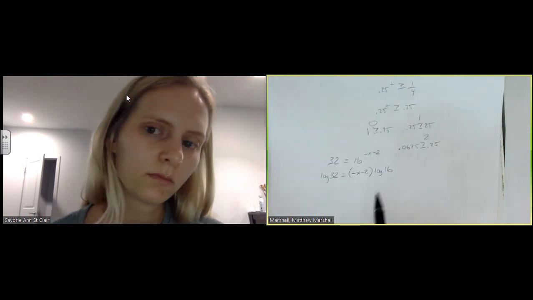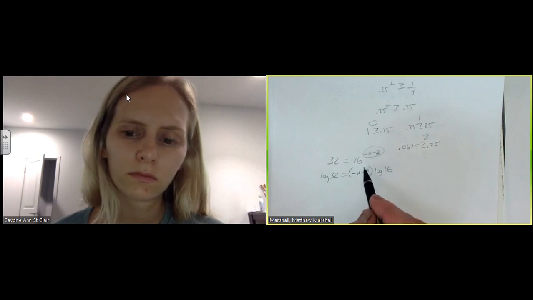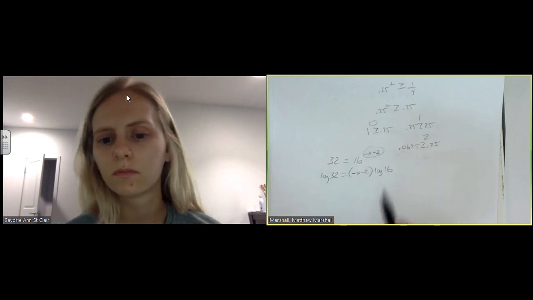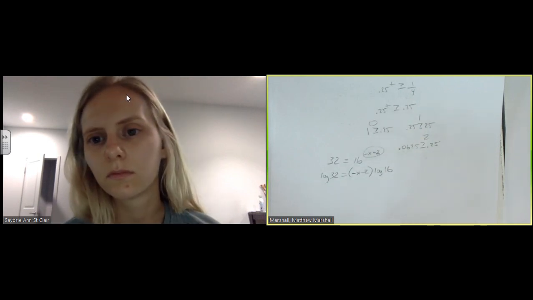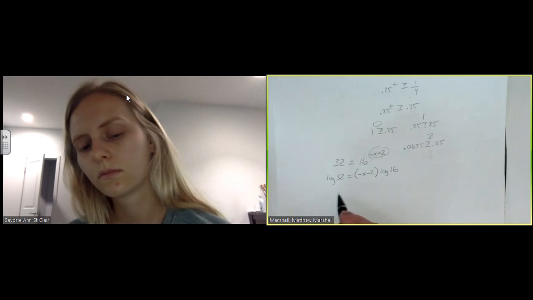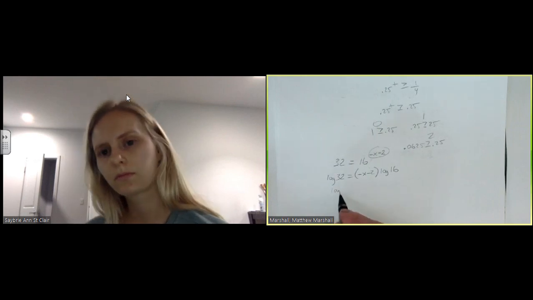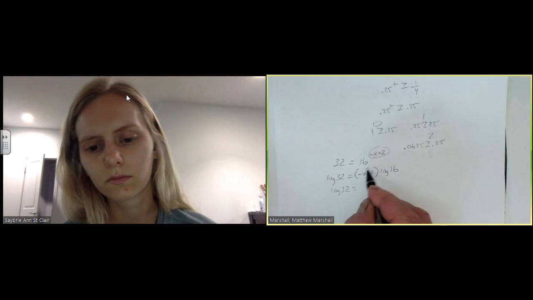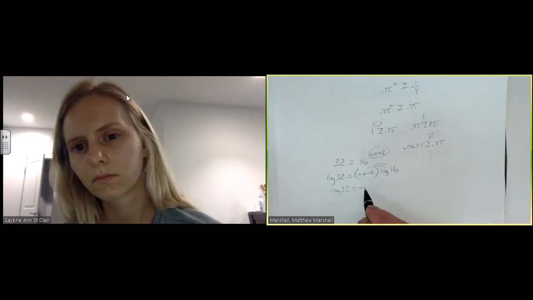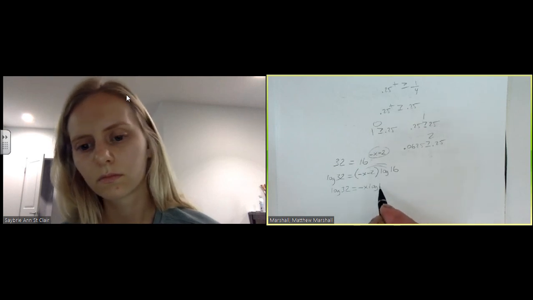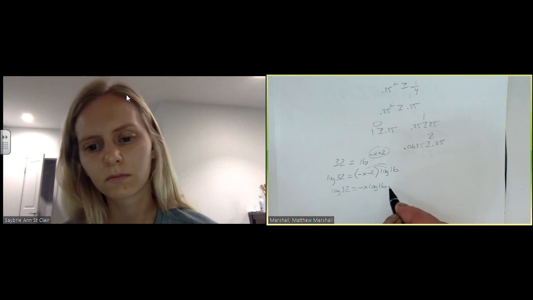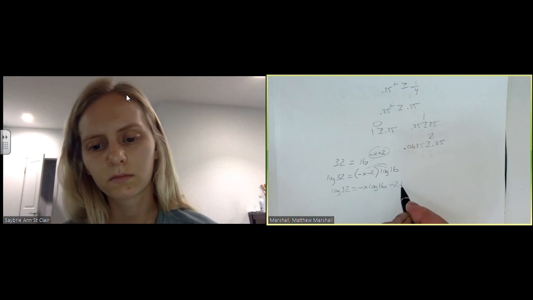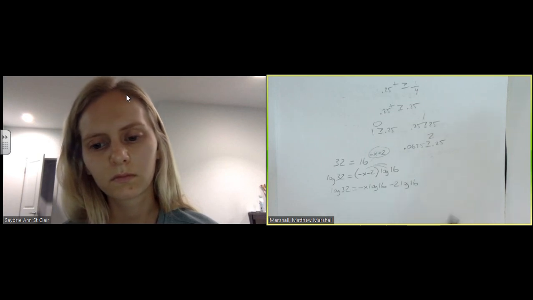So I brought this power down, log this base right here, and now I'm going to write this as log 32 equals, distributing this, negative x log 16 minus 2 log 16.